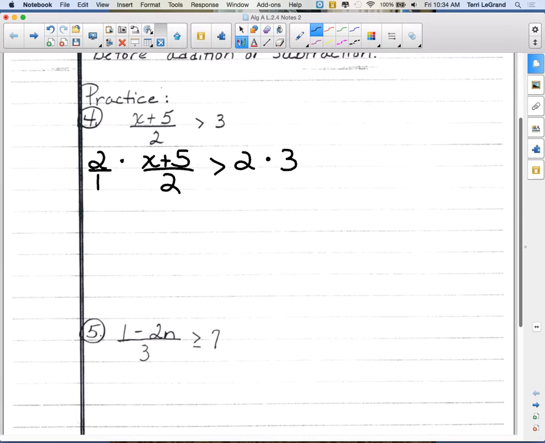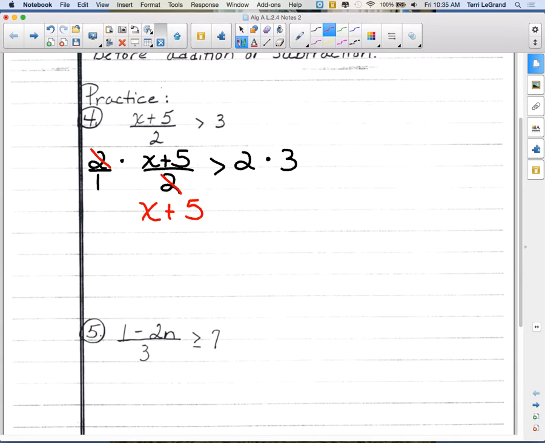Now we know that when you have a fraction times another fraction, you can cancel those 2's. They divide out of the upstairs and out of the downstairs. We can just eliminate them, and that was our goal, to get rid of that 2. So we now really have x plus 5 left on the left side.